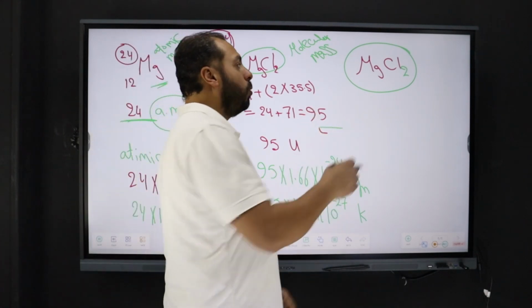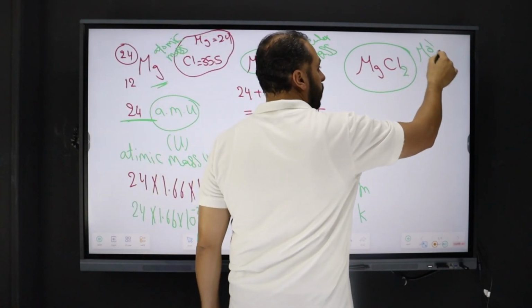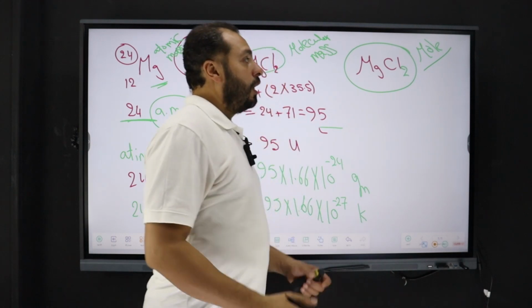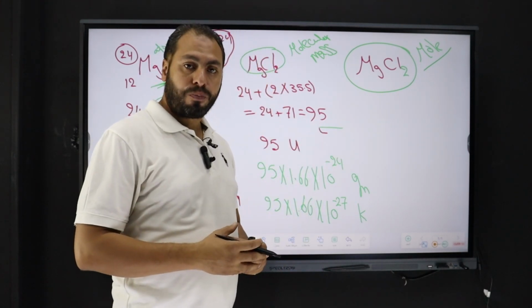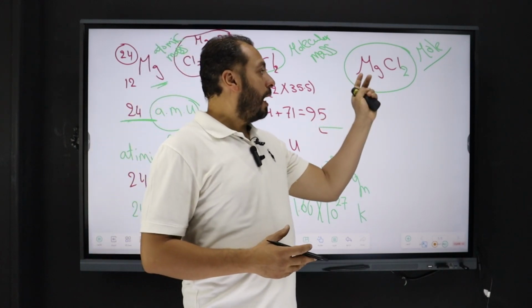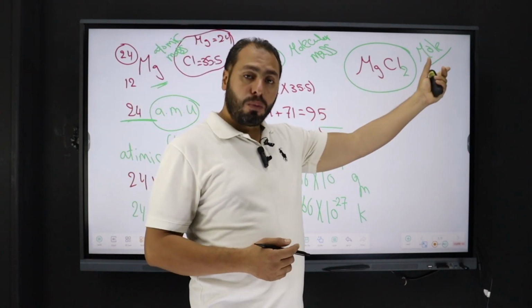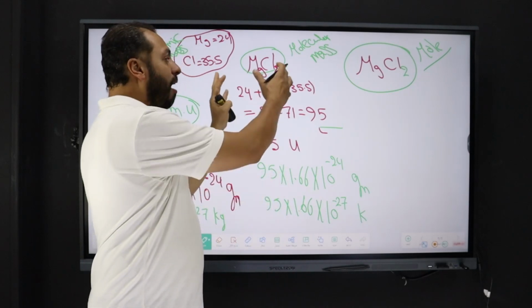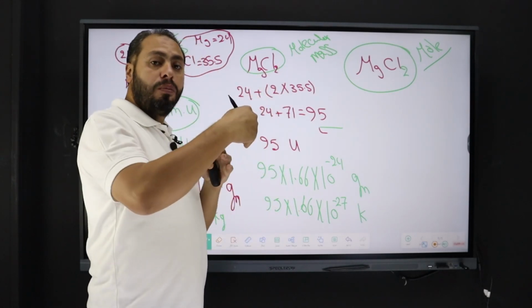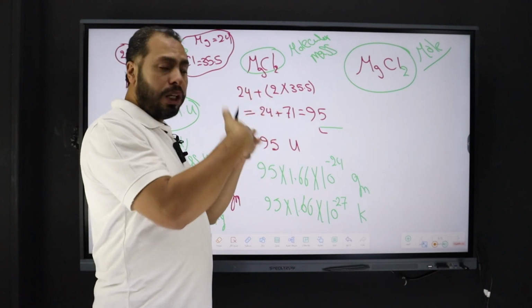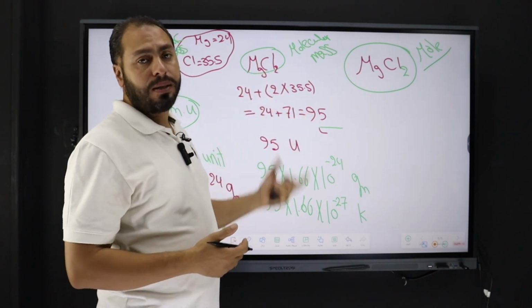But we have mole here, which is an amount of the substance that we have. So MgCl2, if we have 1 mole, this means that we have an amount of MgCl2. We have some molecules of MgCl2.